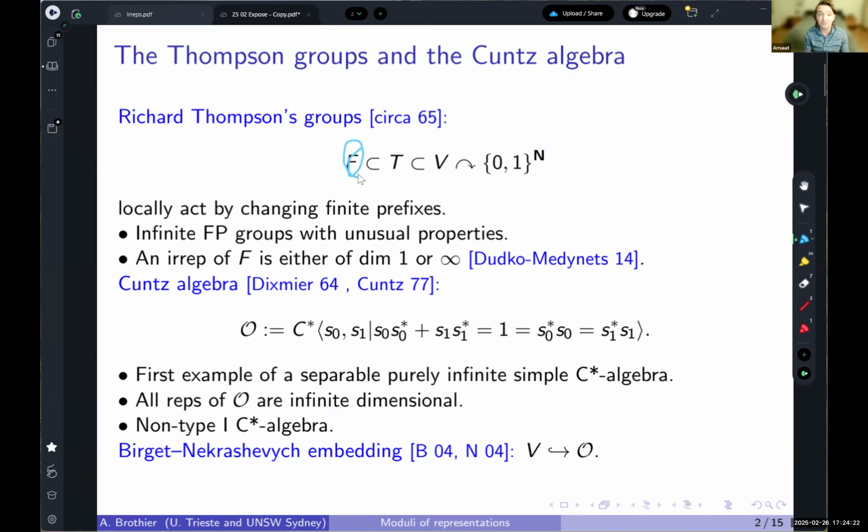The answer is unknown. We don't know if F is amenable or not. No, but you said that for one of these groups, the answer is actually known. Yeah. For T and V, we know they contain a copy of the free group with two generators. Okay, thank you. Yeah, and we know that all of them have the Haagerup property.